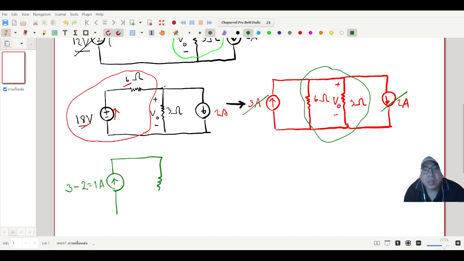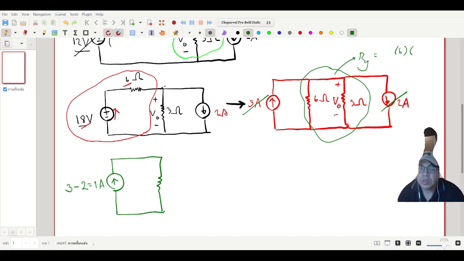And then the last one is the parallel resistance, equal to 6 multiplied by 3, over 6 plus 3, equal 18 over 9, so 2 ohm.